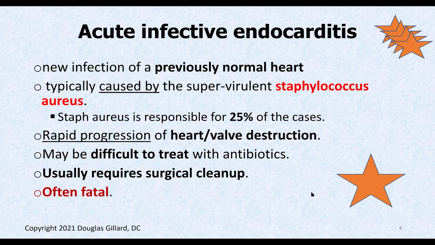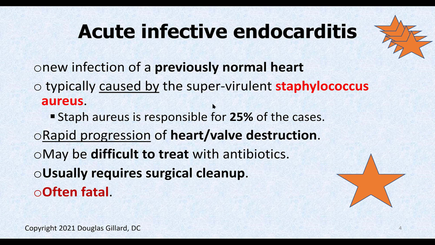There is a difference between acute and subacute. We could subcategorize this. A new infection of a previously normal heart, brand new on a normal heart, is called acute infective endocarditis.